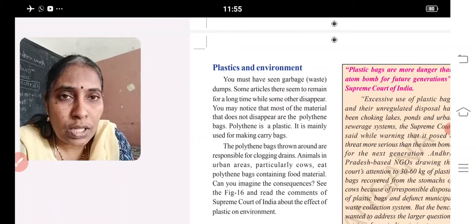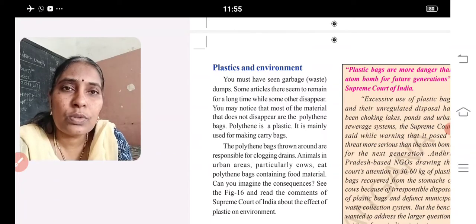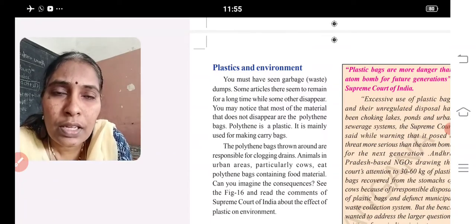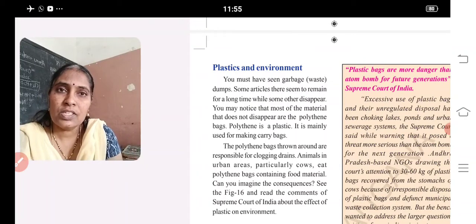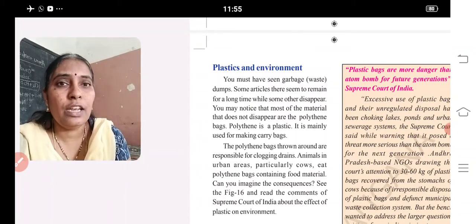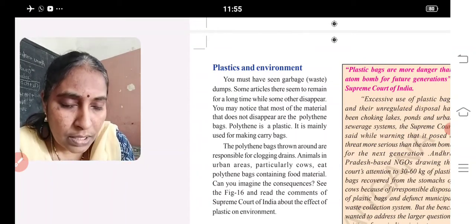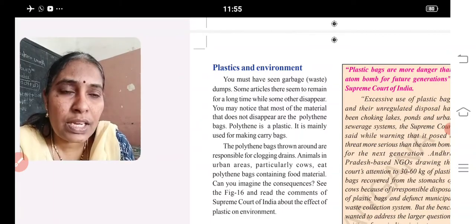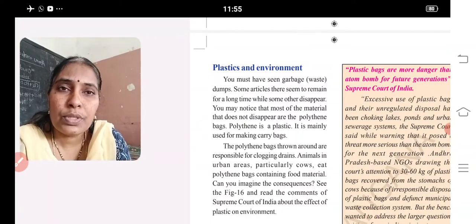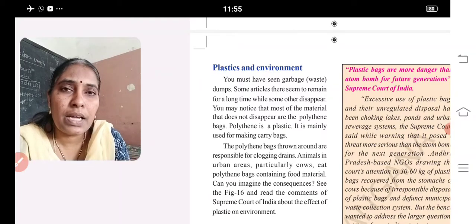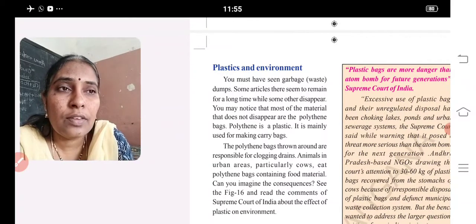If you throw it on the roadside, animals, birds, dogs, cows eat that plastic and it is indigestible in the stomach, so it affects animal life. So disposal of plastic is very difficult. Decomposing is not done properly, burning is also not advisable. If you throw it on the roadsides, it blocks the drainages and affects animal life. So usage of plastic affects the environment.